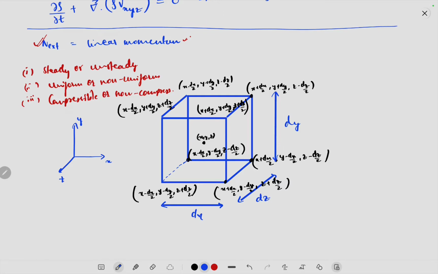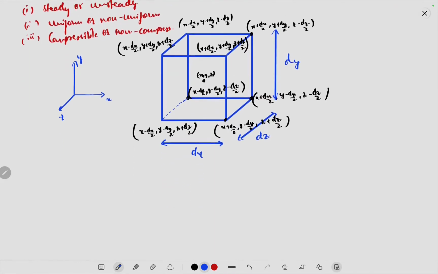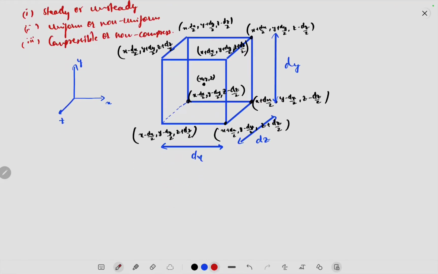All right, so now let's again consider the surfaces which have their normal vector parallel or anti-parallel to the x-axis. So the surfaces that I have just marked have their area vector in this direction, and this one has its area vector in this direction.